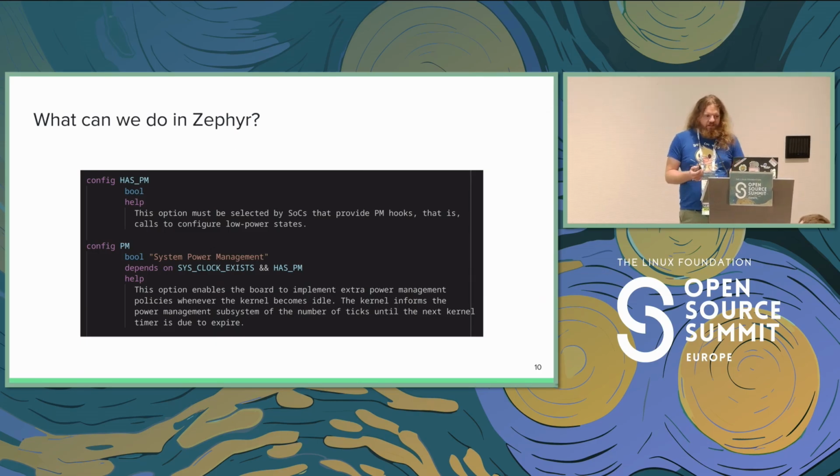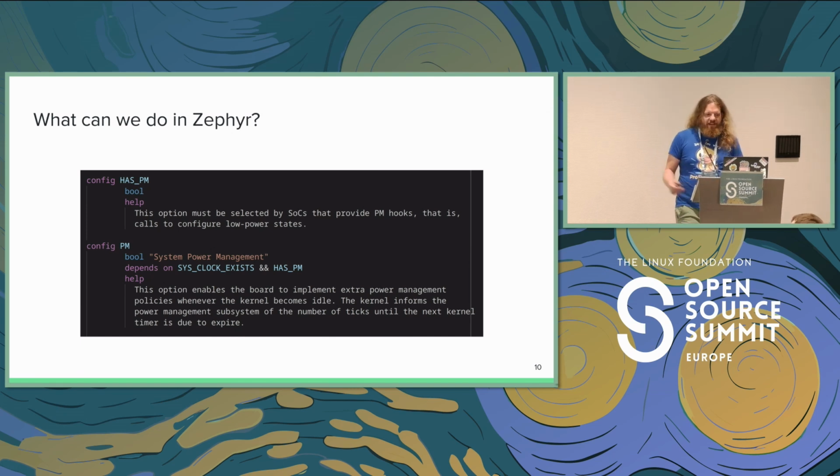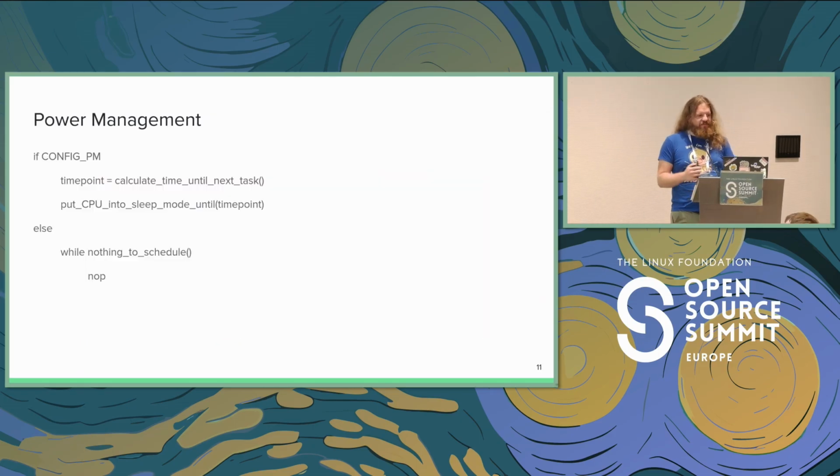Zephyr has CONFIG_PM_HAS_... that the vendors can set if they say, we have power management. And then you as a developer can say CONFIG_PM, I want to use the system power management. If you enable CONFIG_PM in your config, everything is awesome. But how does Zephyr already do it?